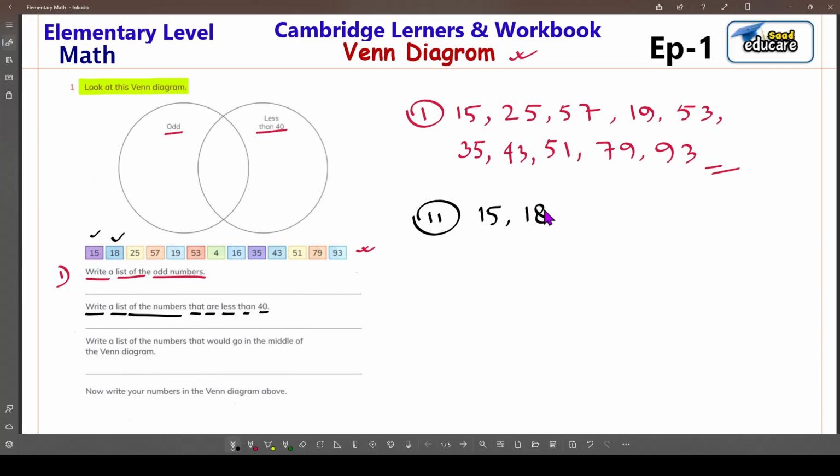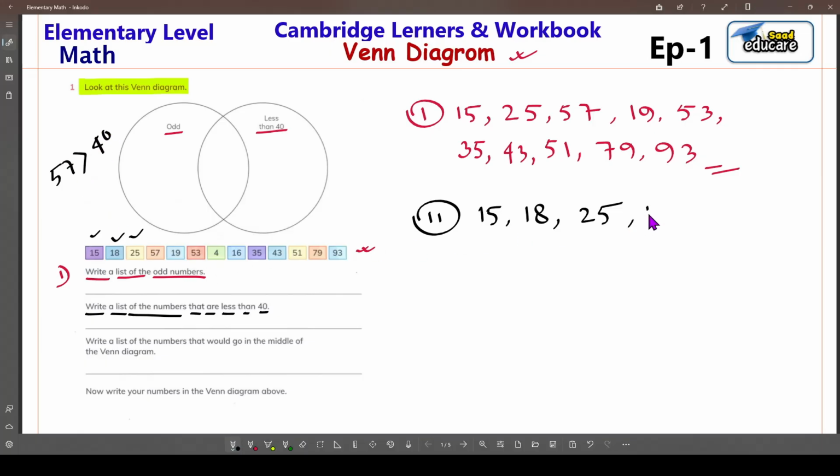So here we will consider 18 because here it is not mentioned odd, here it is mentioned less than 40. So we can use 15, 18, then 25. 57 we cannot use because 57 is greater than 40, right?